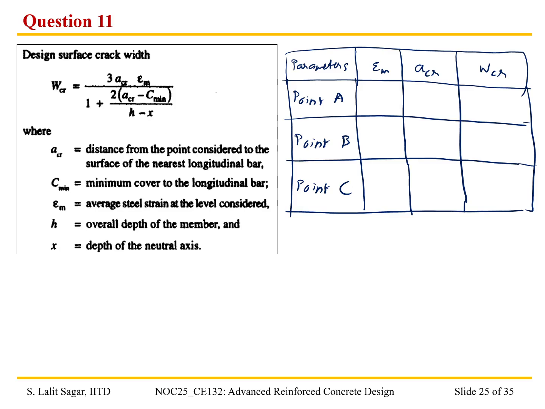Okay, and I'm going to write down the values which are common for all of them. So C min is the minimum cover, that is 40 millimeter. Okay, and H is equal to the overall depth of the section, that is 500 millimeter, and the value of x is 127.35 millimeter.